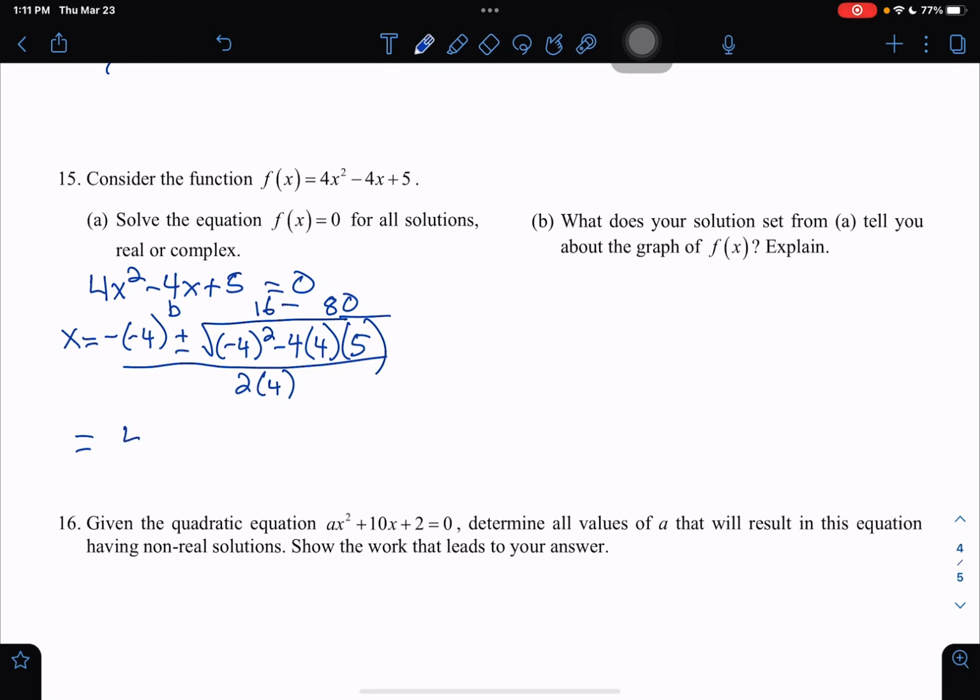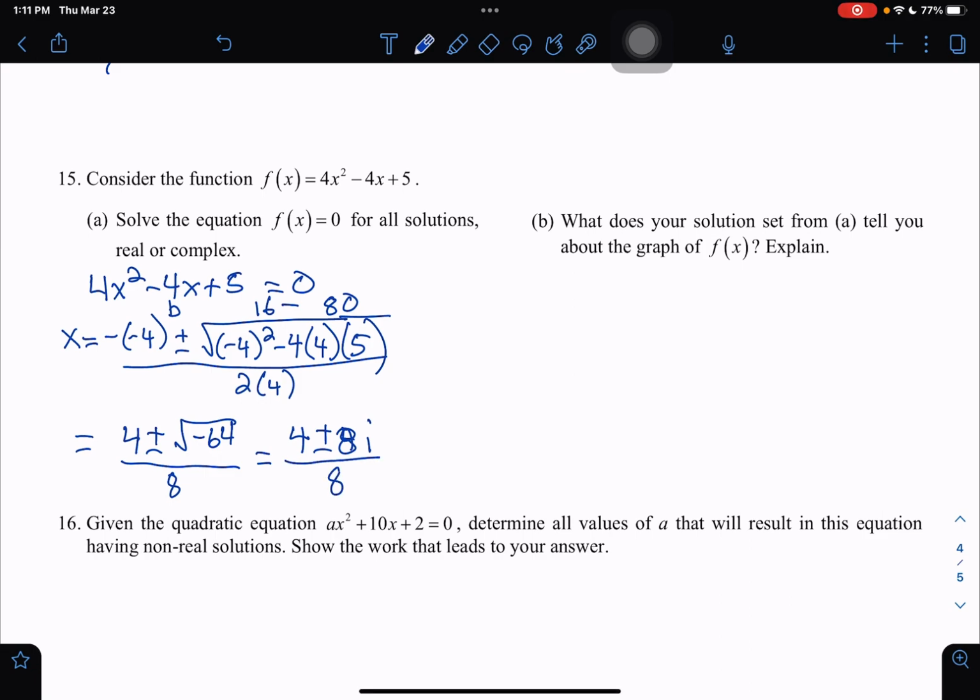So I end up with 4 plus or minus the square root of negative 64 over 8. Right, this becomes 4 plus or minus, square root of 64 is 8, 8i, all over 8.